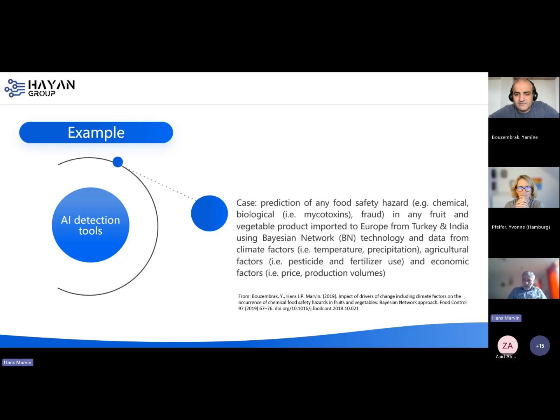In this approach, a Bayesian network was applied, and data from climate factors, temperature, precipitation, agriculture factors, and economic factors were taken into account.